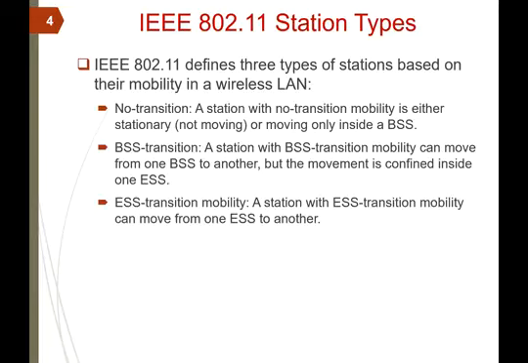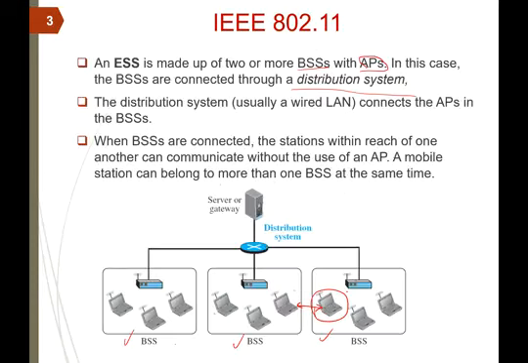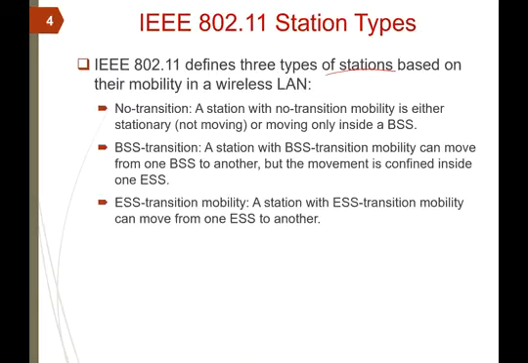802.11 defines 3 types of stations based on their mobility. Non-transition: a station with no transition or non-transition mobility is either stationary, not moving, or moving only inside a BSS.